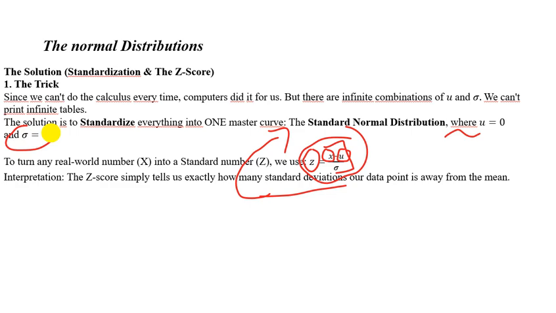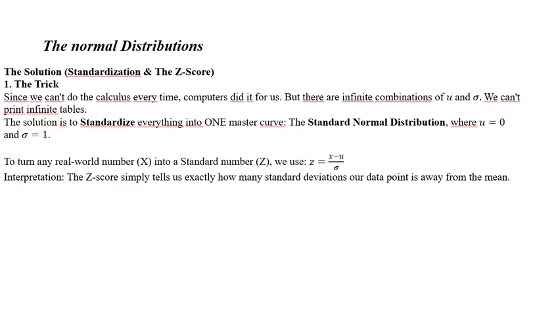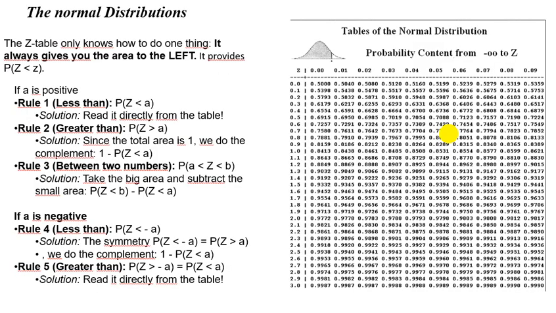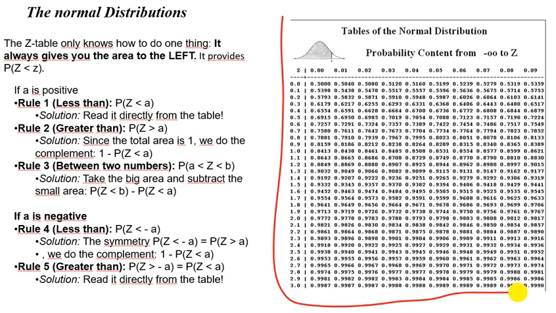And as we said, for the standard normal distribution, we have a table that summarizes all the possible probabilities. So let's see our table here. This is what we call the table of the normal distribution, and now I will show you how to read this table.